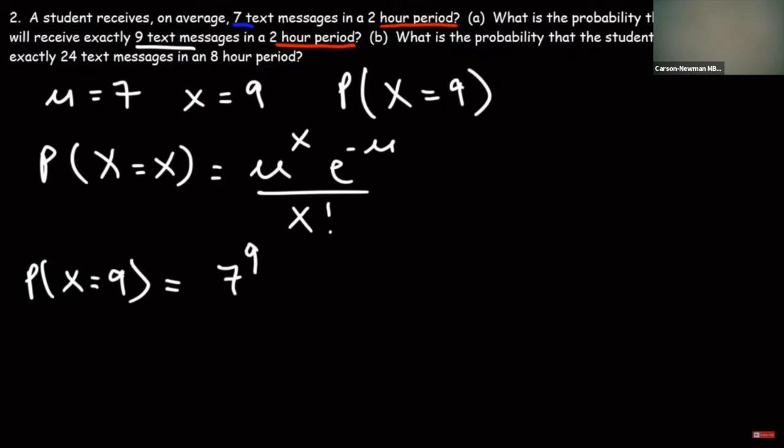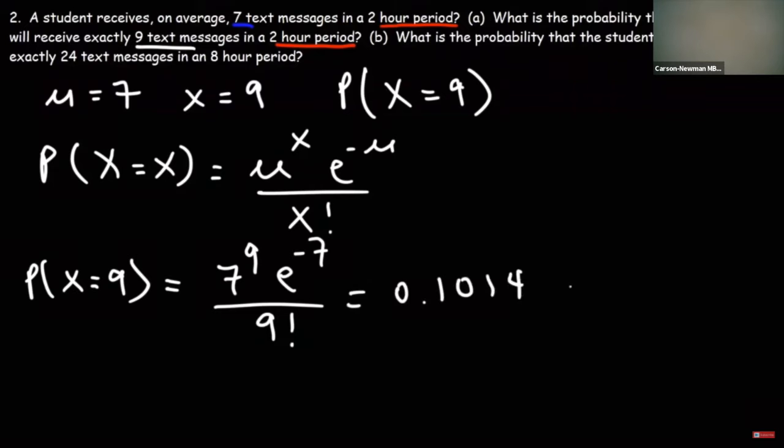So this is going to be 7 to the 9th power, e raised to the negative 7, divided by 9 factorial. So let's type that in. So you should get 0.1014, which correlates to approximately 10.14%. So that's the answer for part A.